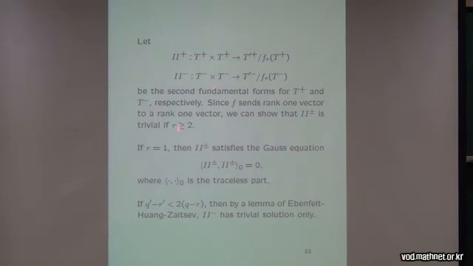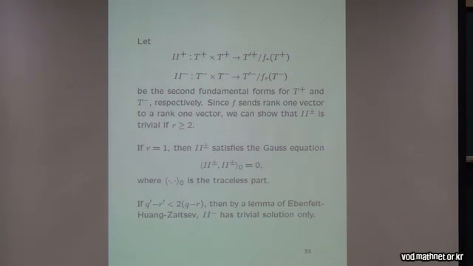That's not always trivial, but if this condition is satisfied, then it has a trivial solution. So with this condition, we have a trivial second fundamental form. That means on the complex tangent space, we have some kind of trivial embedding.